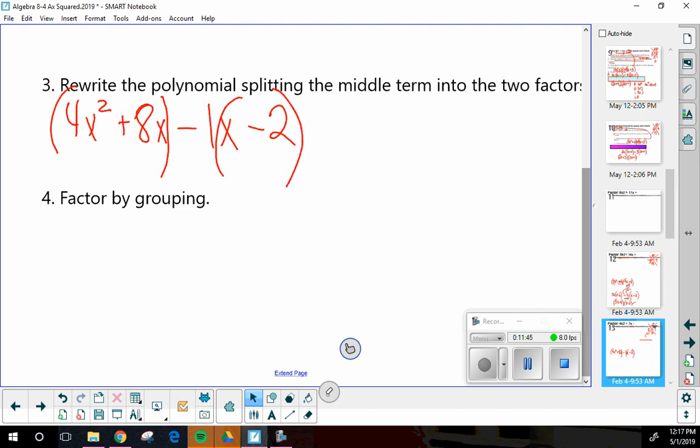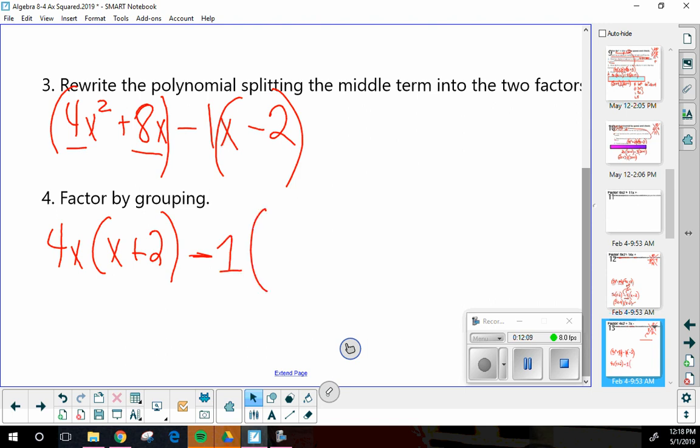Okay, so the greatest common factor here is going to be 4x, so that's going to be x plus 2. And then I'm going to put a minus sign right here, and I'm going to factor out a negative. So I'll just put a negative 1 here.